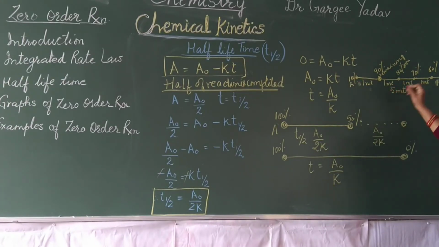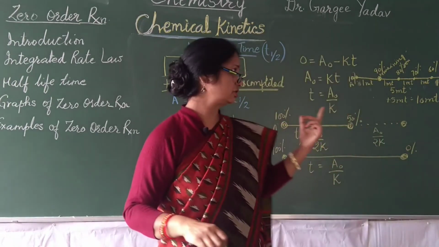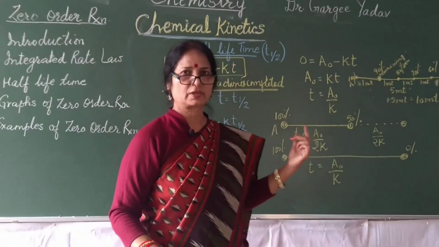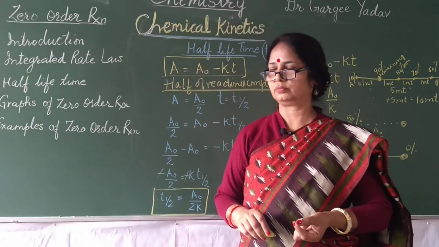This means that if a reaction takes 5 minutes for 50% completion, then for 100% completion it will take 5 plus another 5 minutes, meaning 10 minutes. This happens only in a zero order reaction, and in no other reaction can this unitary method be applied. So this was a trick for solving some of the numericals.